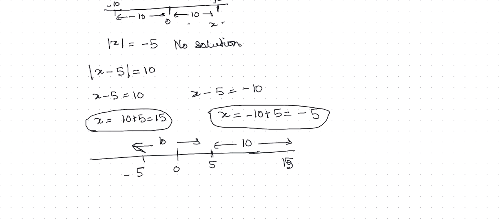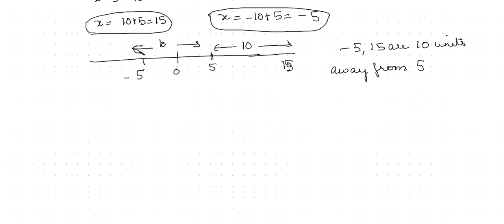Both negative 5 and 15 are 10 units away from 5. And whenever we solve the equations, as I've said, just keep the absolute value sign here on the left, bring everything else on the right hand side.